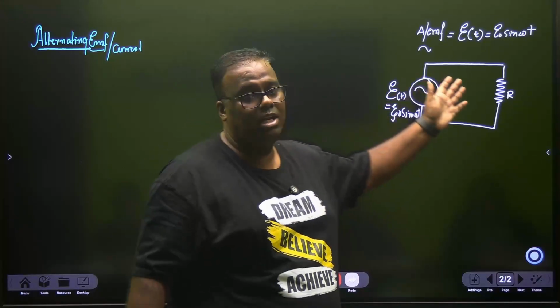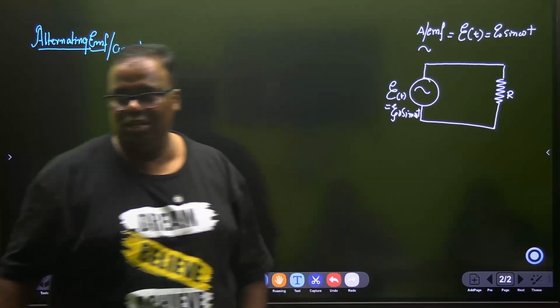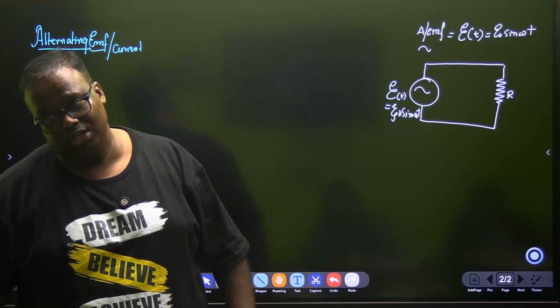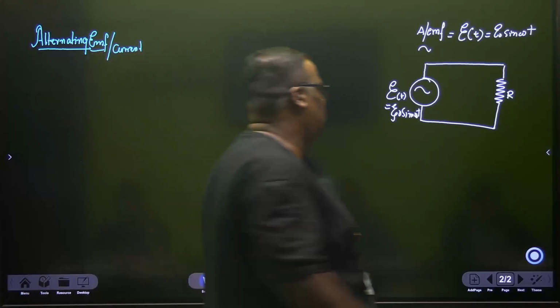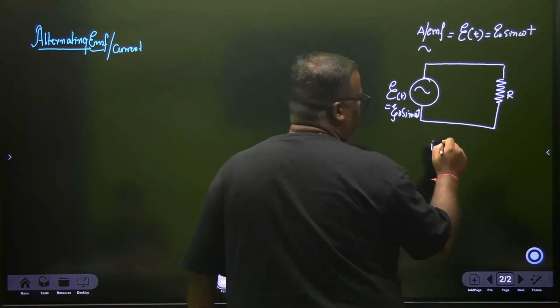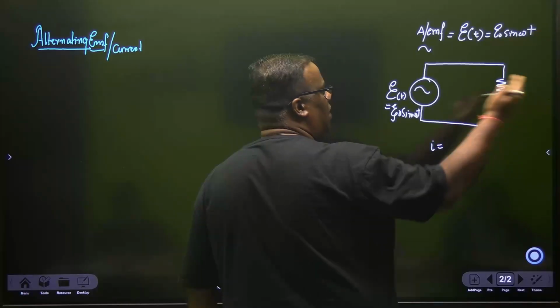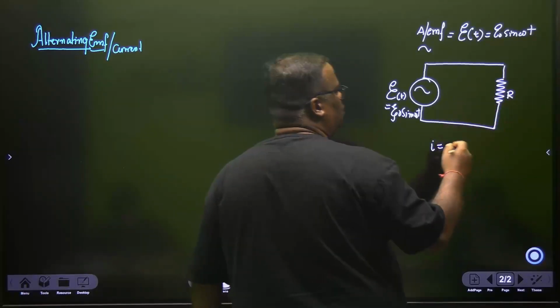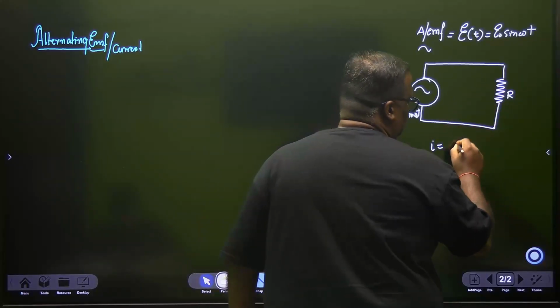I have not put any arrow now because I am not dealing with direct or unidirectional current. My current is now alternating. So by Ohm's law, V upon I is equal to R, so I should be equal to V upon R.